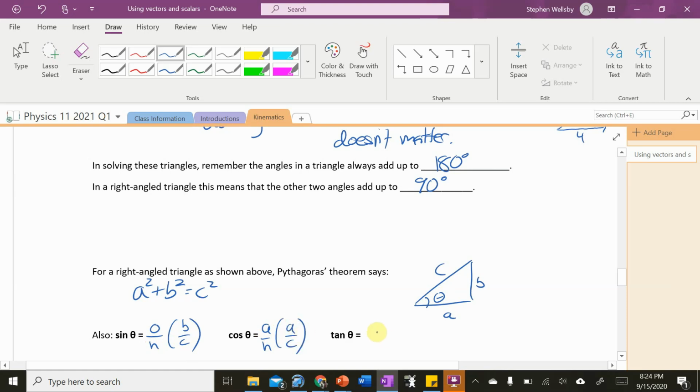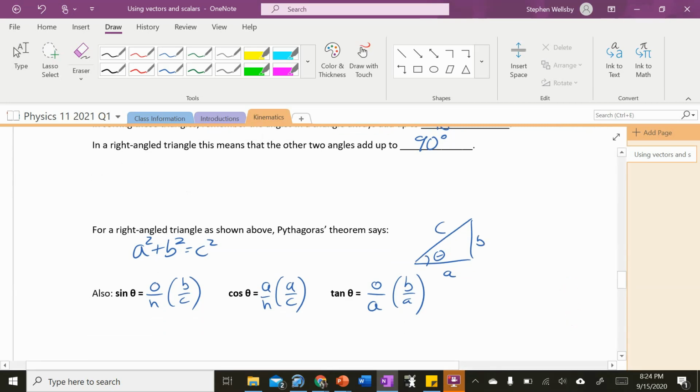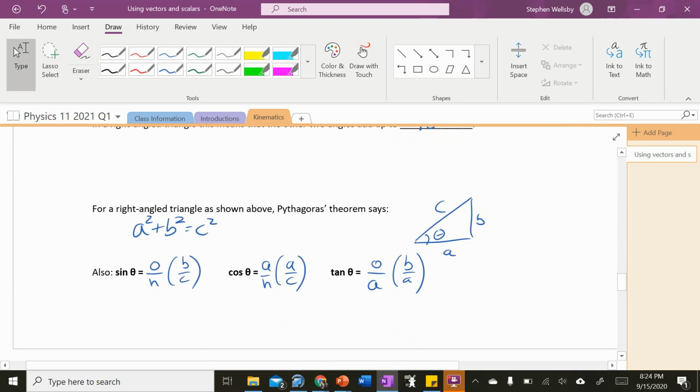And tan is going to be opposite over adjacent, which in this case would be b over a. So those are our three trigonometric relationships and our Pythagorean theorem. And that's pretty much all you need to know in terms of answering these types of questions here.